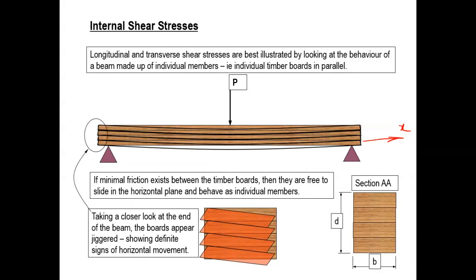We don't put it at the bottom, we don't put it at the top. So if that's a rectangular cross section, I have to put my x-axis right in the middle. If that's a T-section, you have to find the centroid of that area and put your x-axis along there. What about the y-axis? The y-axis is always perpendicular to that one. So this is the y-axis. We call this transverse.